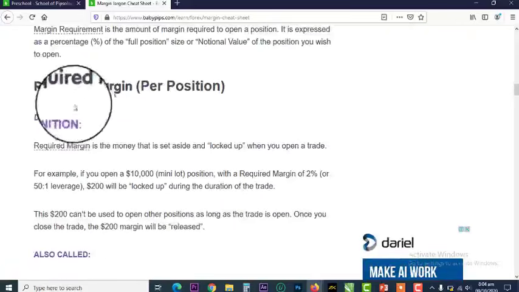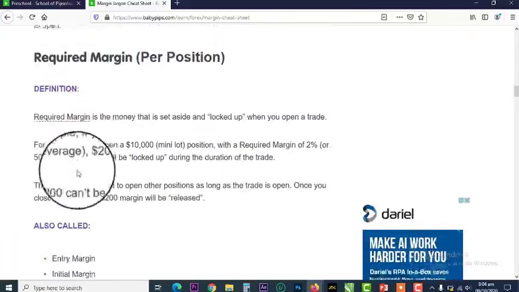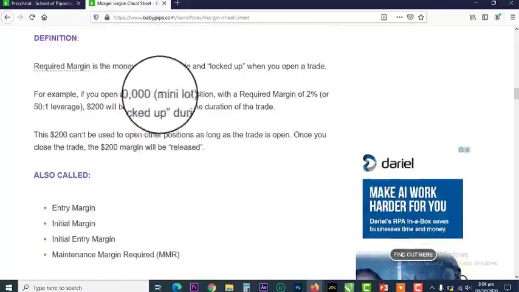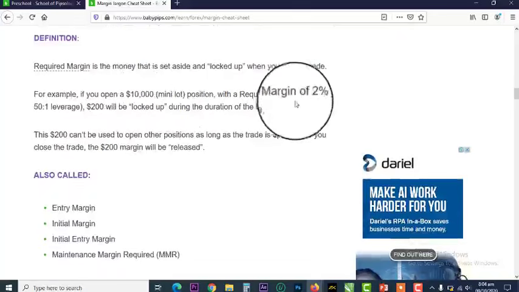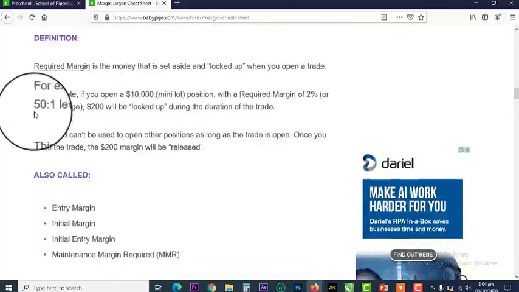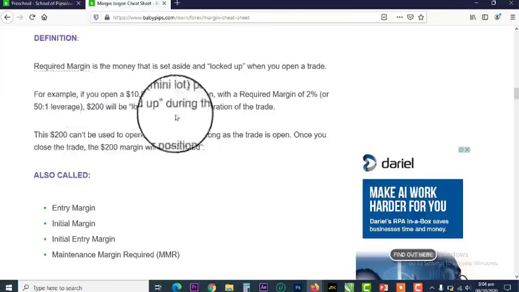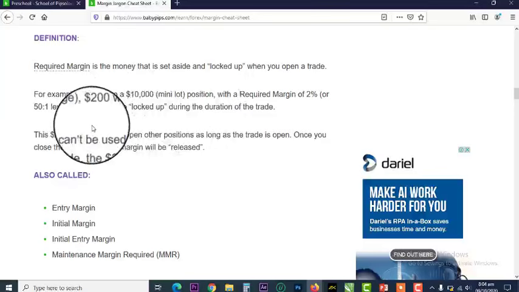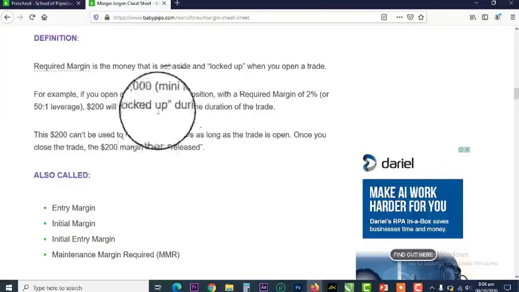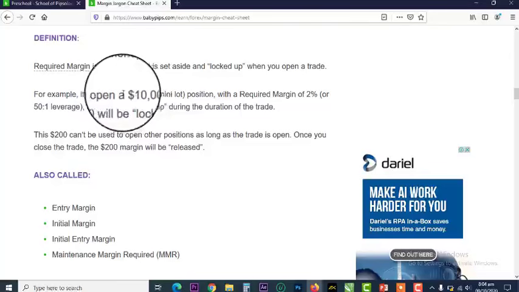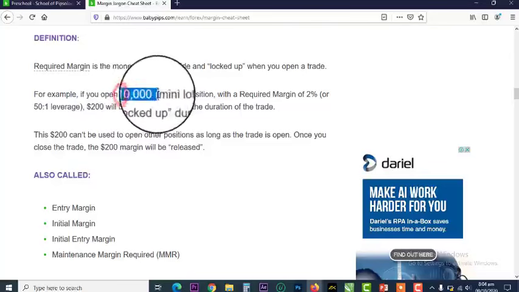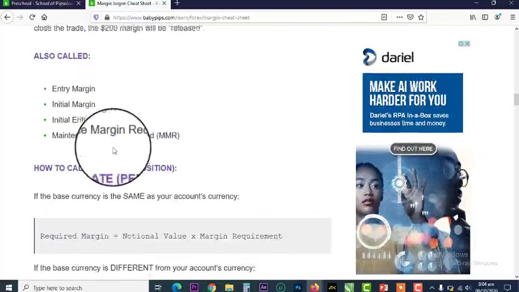For margin required per position, if you open a 10,000 mini lot position with a required margin of 2% or 50 to 1 leverage, $200 will be locked up during the duration of the trade. So you need to put $200 in your account, which is the margin required for you to control a financial instrument worth $10,000 US.